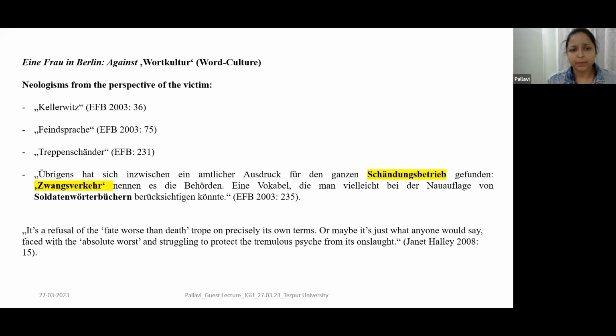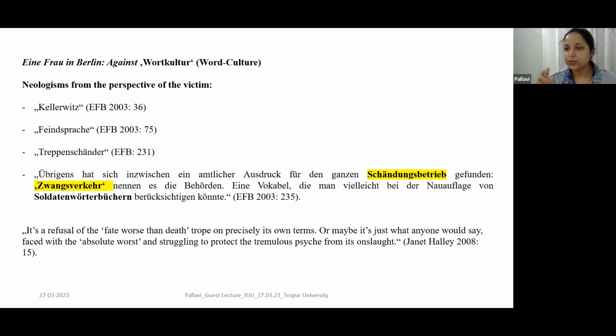Then comes the word Treppenschänder. Treppen, if you go inside the basement, you have to get down the stairs, and Schänder is somebody who is the perpetrator, the attacker. Most of the time, her experience that she documents here is that these soldiers came downstairs and snatched young women, minors, whomsoever they could find, and took them outside in order to violate them.